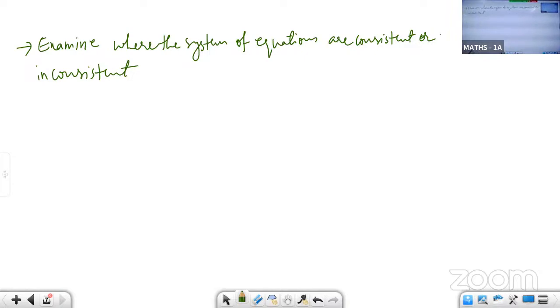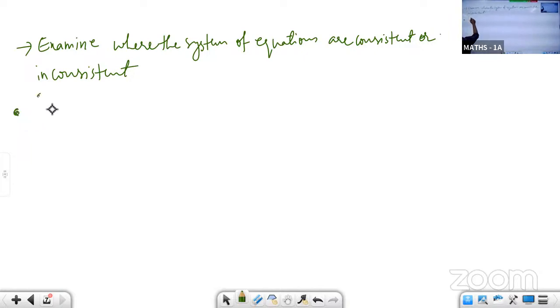In consistent and inconsistent, you are going to get the echelon form. And what is that echelon form? Before that, we are going to write augmented matrix, then convert them into echelon form. What is that? So let us see.